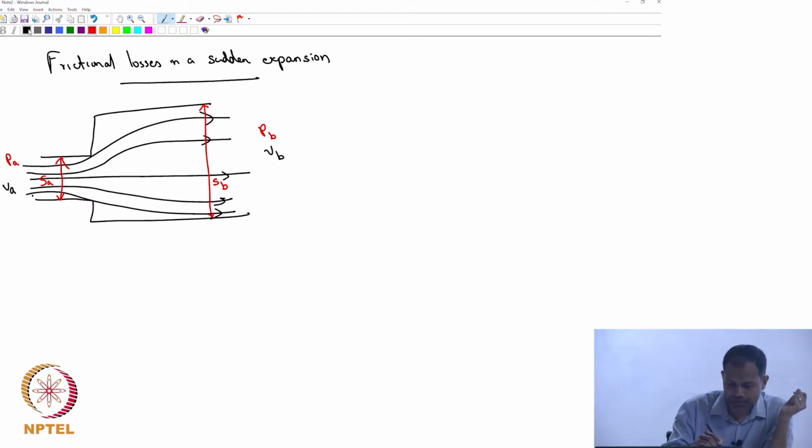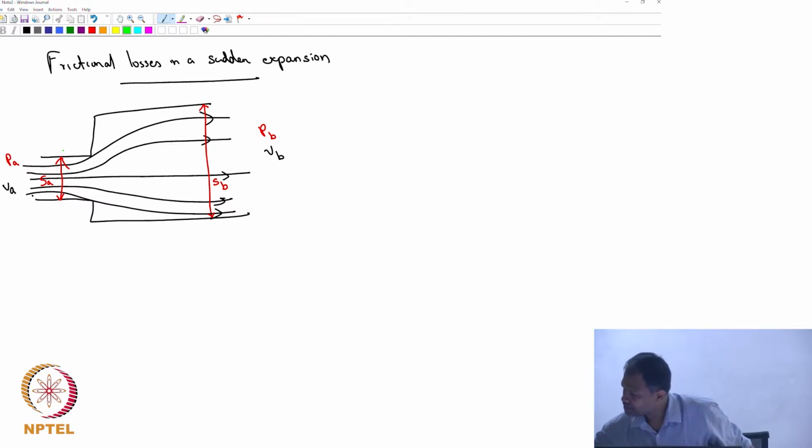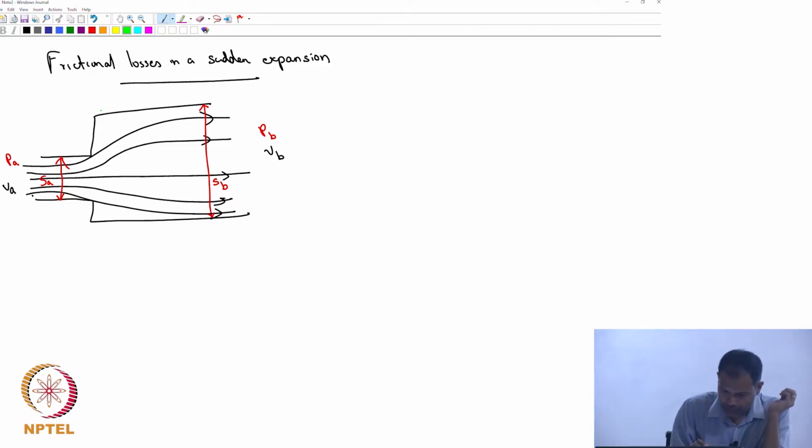What I'm going to do is, dealing with differential equations in this case is not going to be useful because you can't do any simplifications, okay? The flow is very complicated. So we can do an integral approach. So that's what we will do. Let's say we'll take a small section, very close to the wall and developed part.